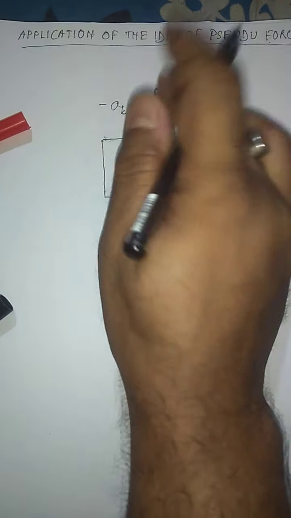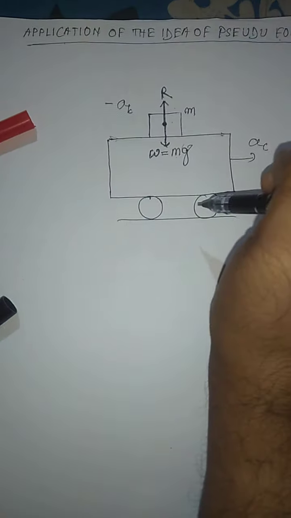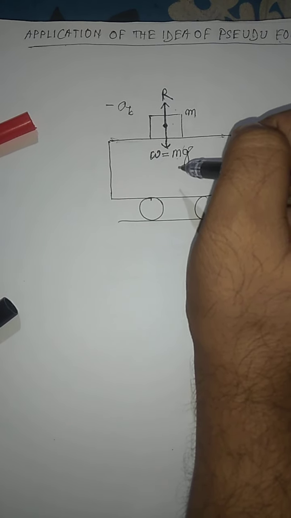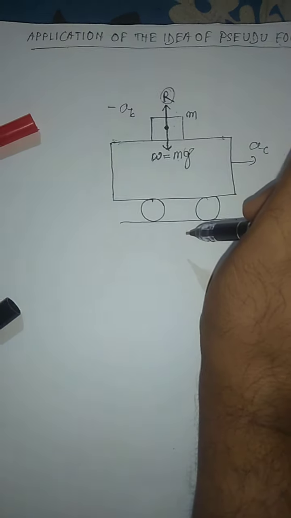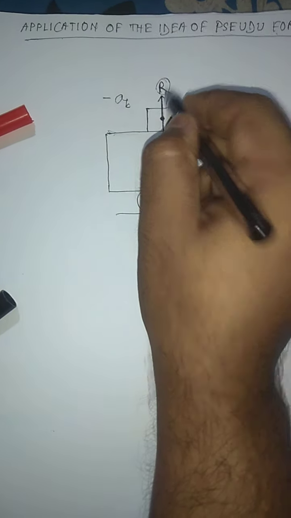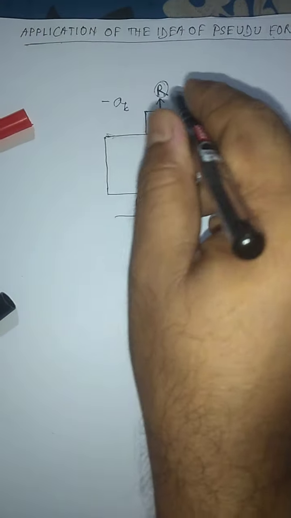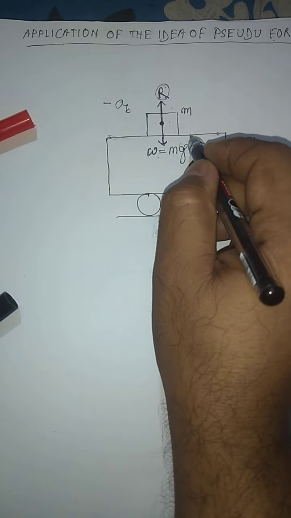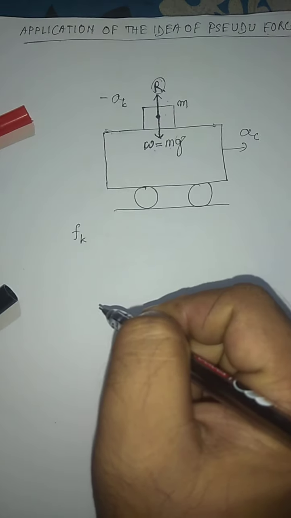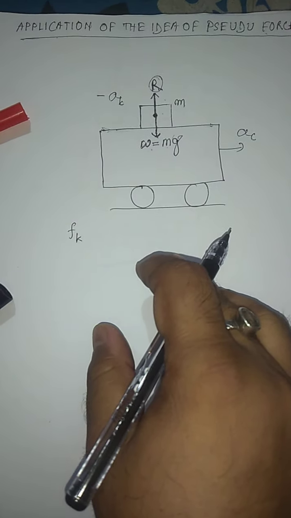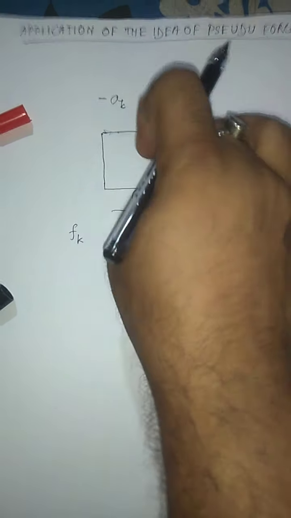The normal force exerted on the block by the surface of the cart is directed upward, and say it is R. This normal force and the force of gravity cancel each other. There is another force, the force of kinetic friction, and let it be Fk. And our objective is to find an expression for this force of kinetic friction acting on this block.